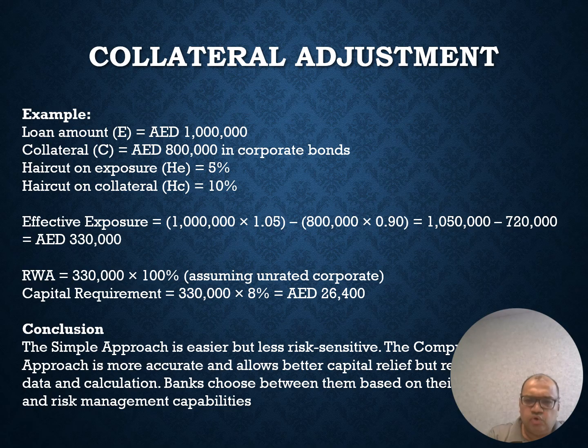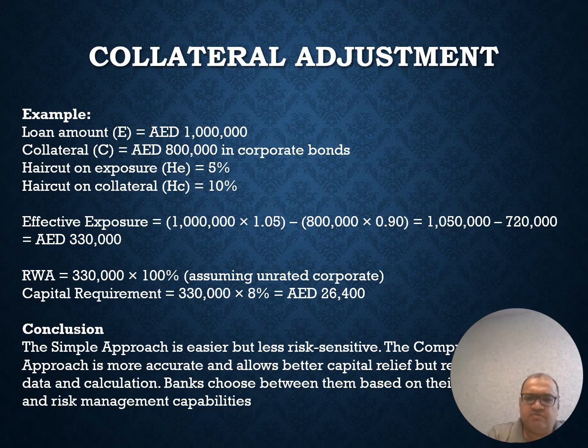You have an exposure haircut of 5%, and a haircut on collateral of 10%. Because the exposure is risky, it's a corporate one, it's not risk free, so you sort of overdo it. 1 million into 1.05, because the haircut is 5%, right? This is your exposure, not 1 million, but 1 million into 1.05, because you want to account for the risk factor.